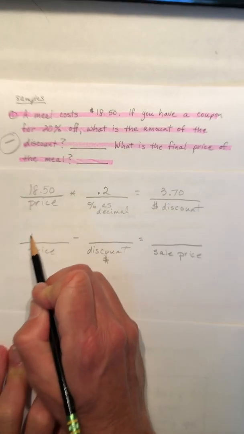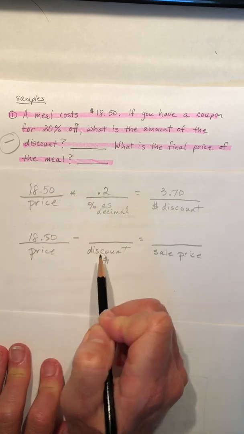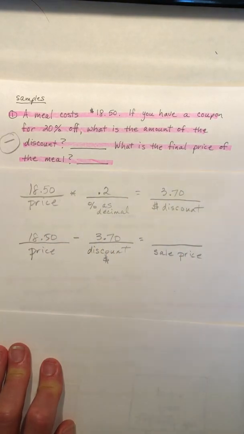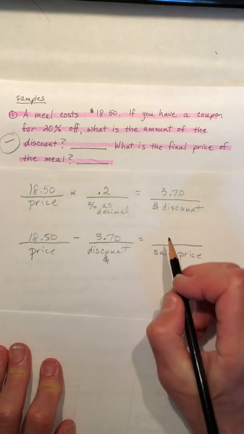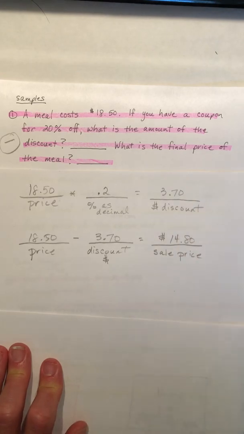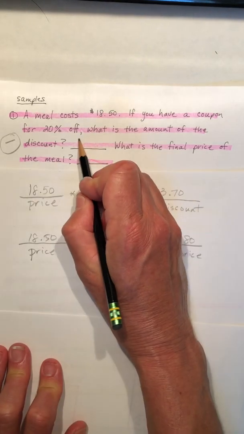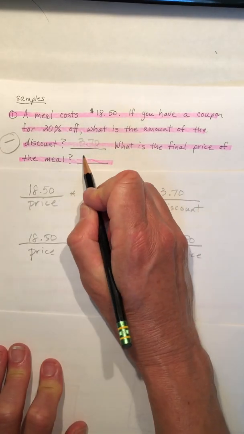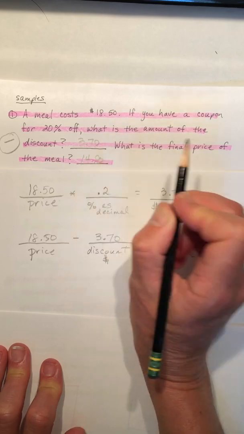So we take the price, I subtract that amount I don't have to pay, and the amount I do have to pay is $14.80. So the amount of the discount was $3.70, and the final price of the meal is $14.80.